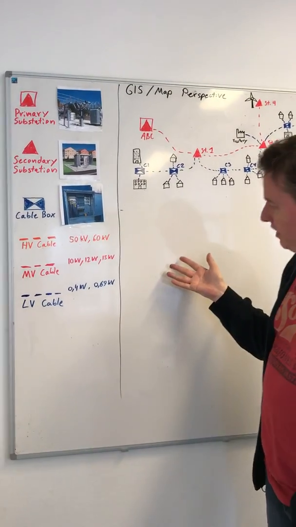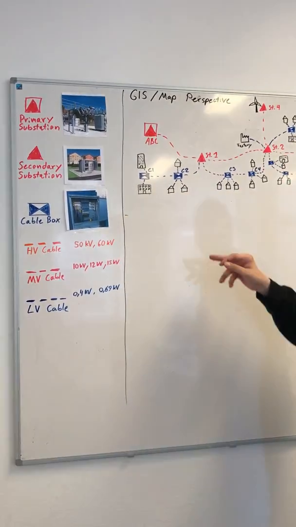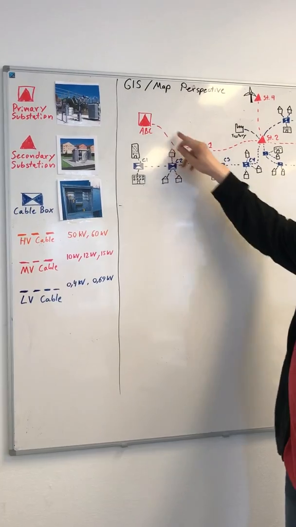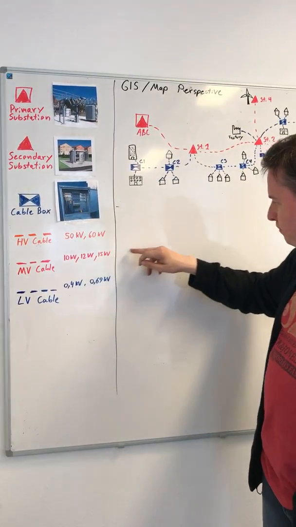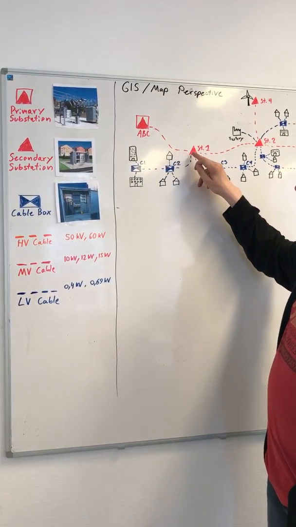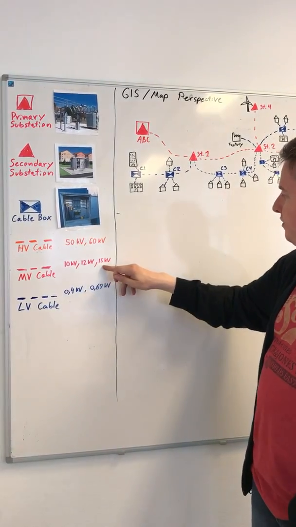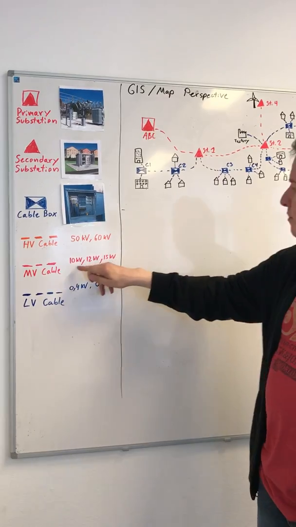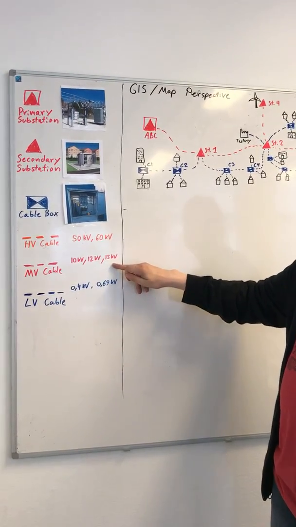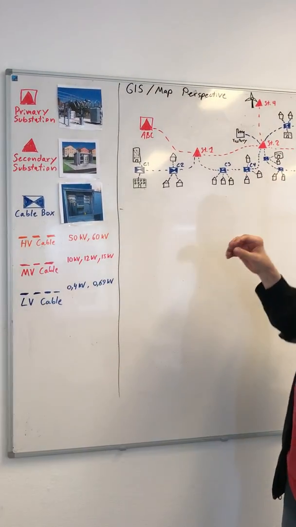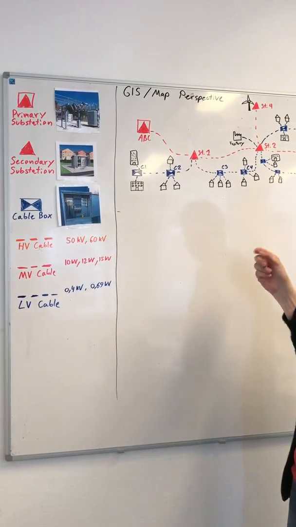Sometimes it can be overhead line, but very few are left. The reason we call it medium voltage and not 10 kilovolts or 12 kilovolts or 50 kilovolts is because many kinds of voltage levels can be used in medium voltage. So it's better just to call it medium voltage.